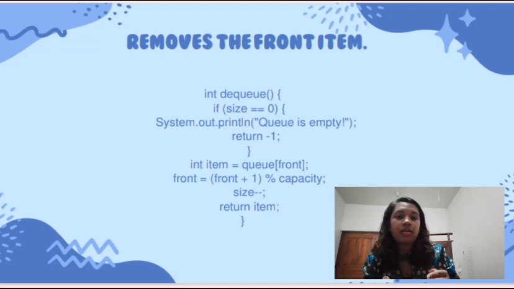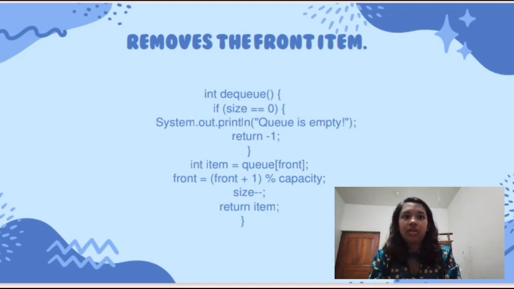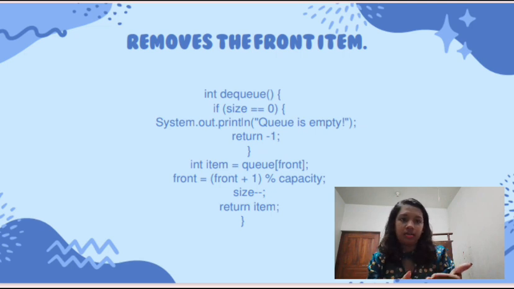And if front reaches the last position, modulus wraps it back to 0. And you can see size minus minus, which means it decreases the size. And return item means it returns the removed item.